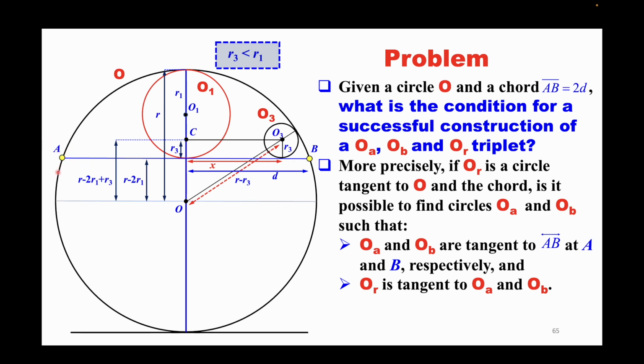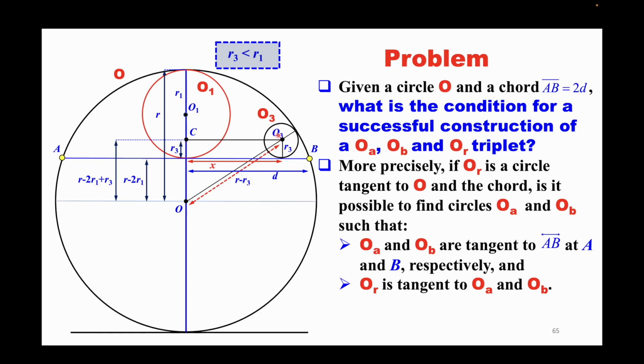OA is a circle tangent to the core at A. OB is a circle tangent to the core at B. And OA, OB are tangent to each other. So this OA, OB, and the core uniquely determines OR.